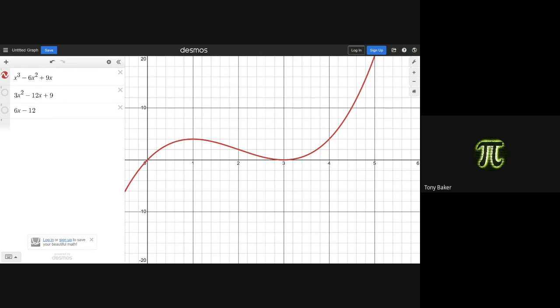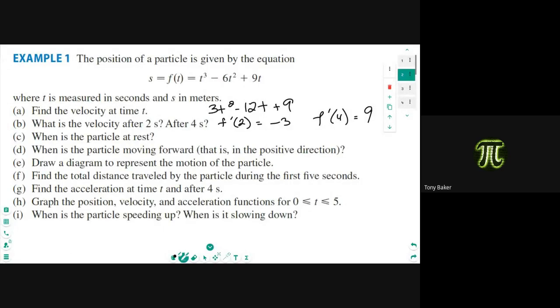When's the particle at rest? When velocity is 0. If velocity is 0, the particle's not moving, right? Okay, so find me when the particle's at rest.